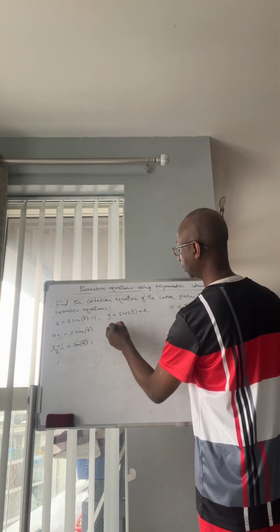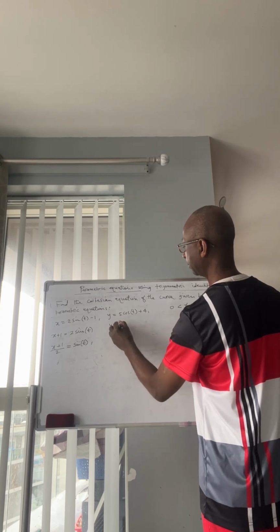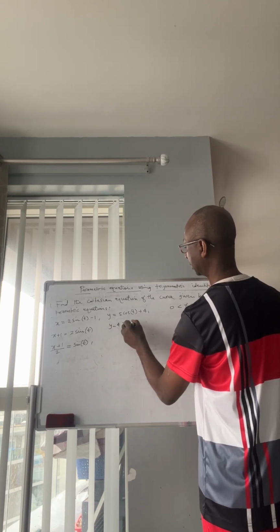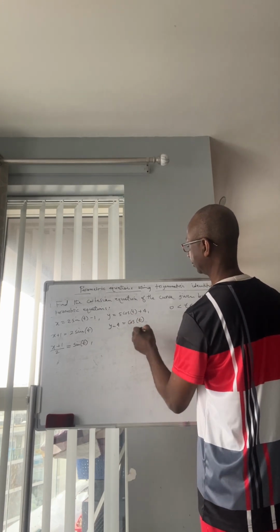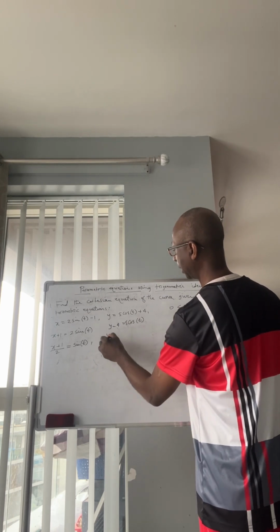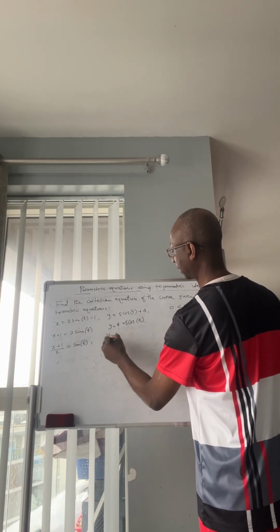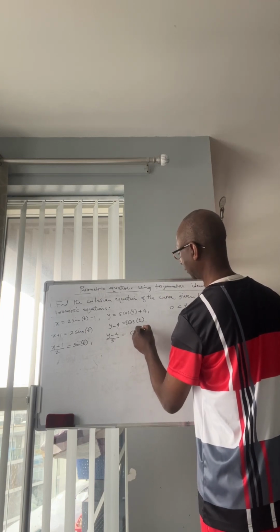You have y minus 4 equals 5 the cosine of t. So y minus 4 divided by 5 equals the cosine of t.